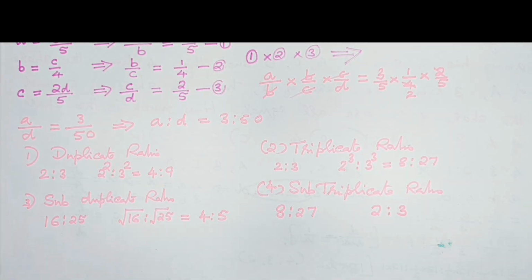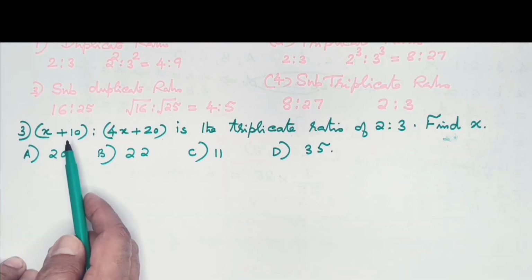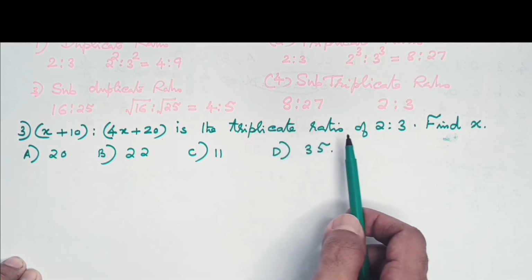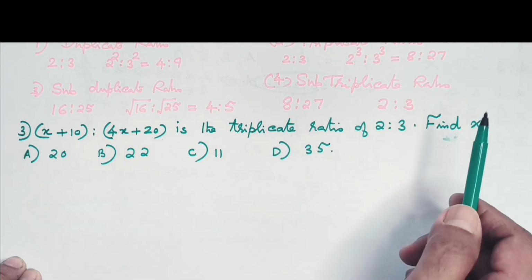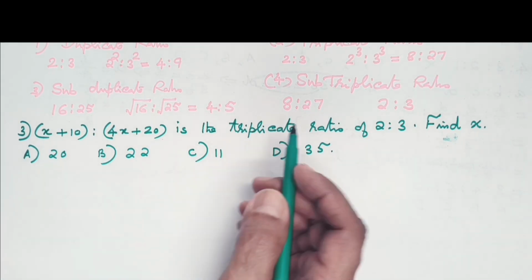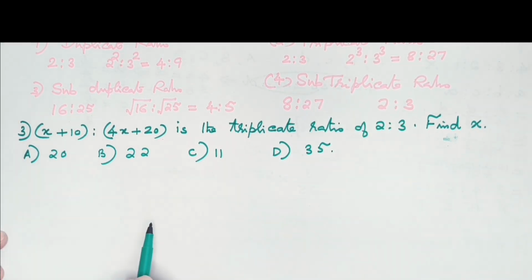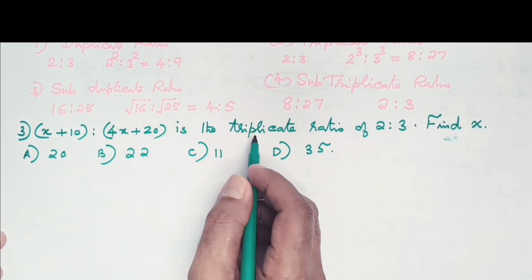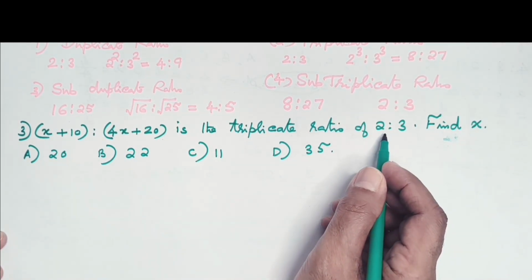Let me work out a simple problem based on this idea. X plus 10 is to 4x plus 20 is the triplicate ratio of 2 is to 3. Find x. These are the options given to you. We will use the basic definition of triplicate ratio. This is a ratio of algebraic expressions, and that is said to be the triplicate ratio of 2 is to 3.